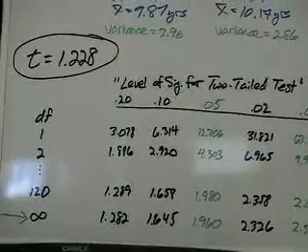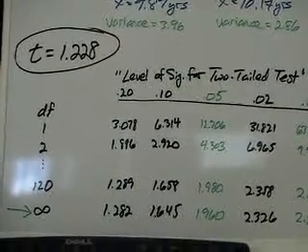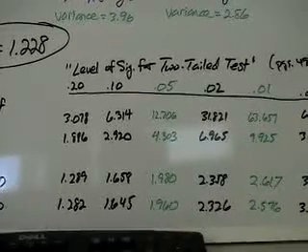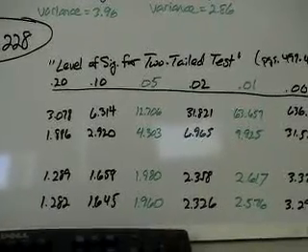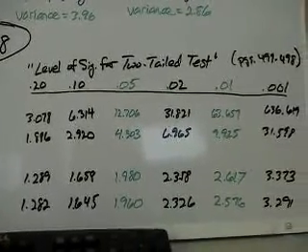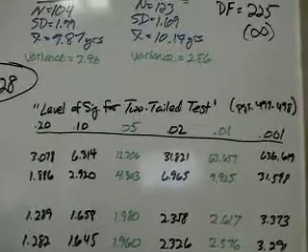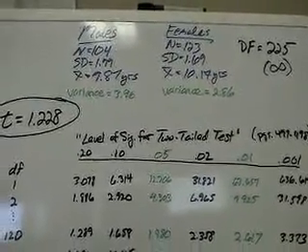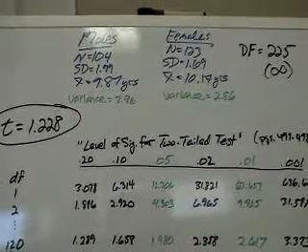Now our t-score is 1.228, which means it's not significant at the level of 0.05. Therefore, we accept the null hypothesis. And we see that even though there are mean differences between the males and females in the sample, the girls scored 10.17 years.